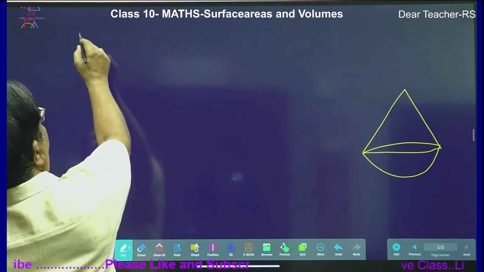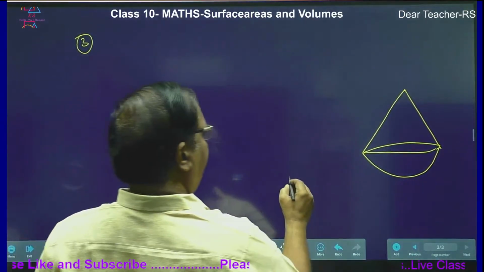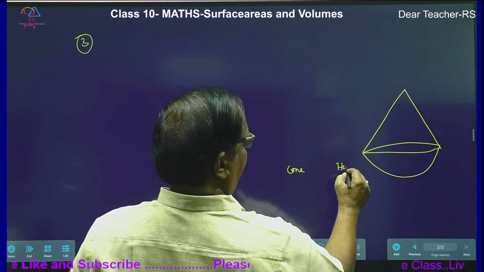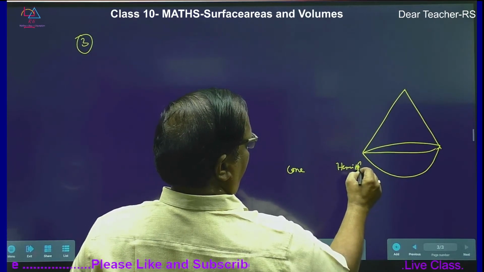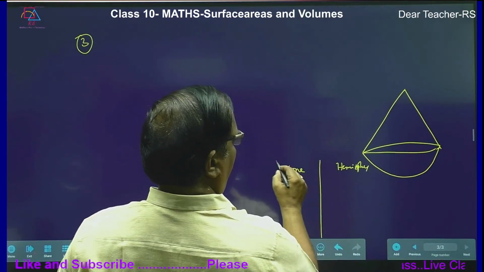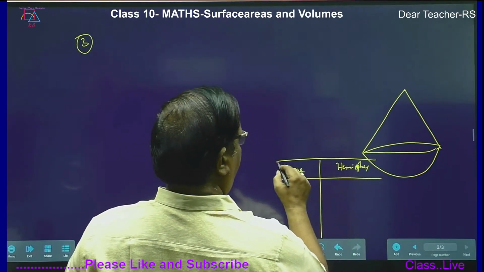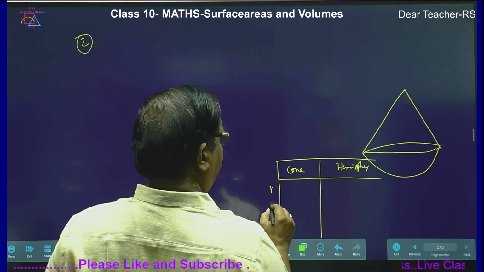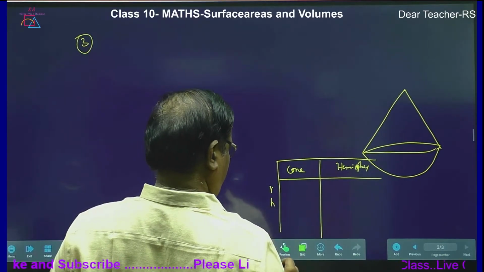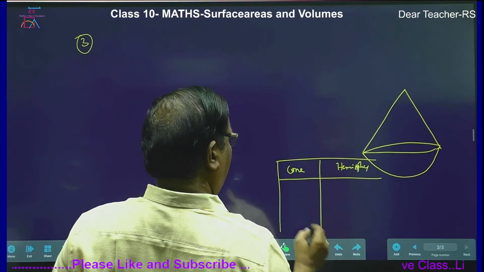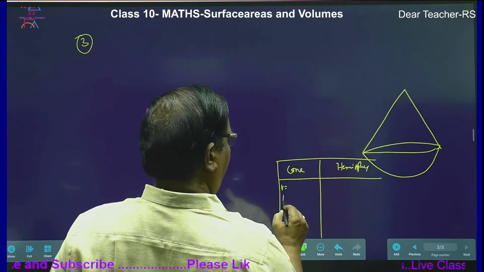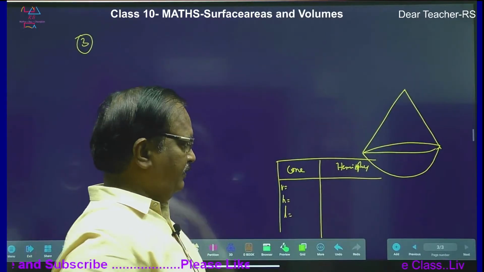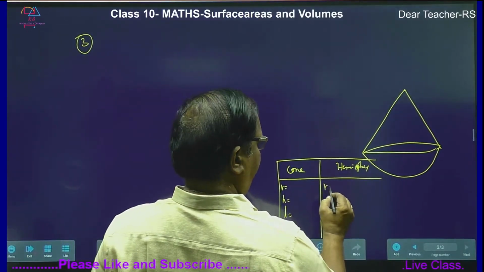Question number 3. So now here let us write cone and hemisphere. Let us find out the measurements. For the cone we have radius, height, and L also will be there, slant height, 3 things. For the hemisphere only radius will be there.